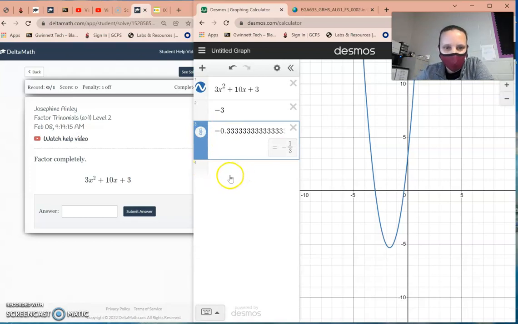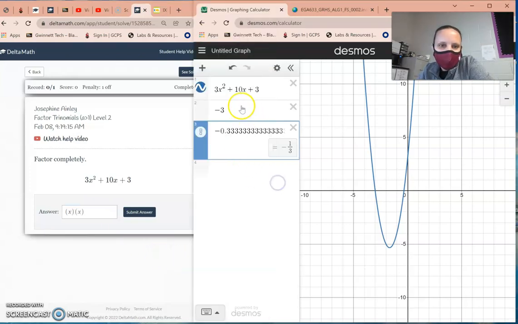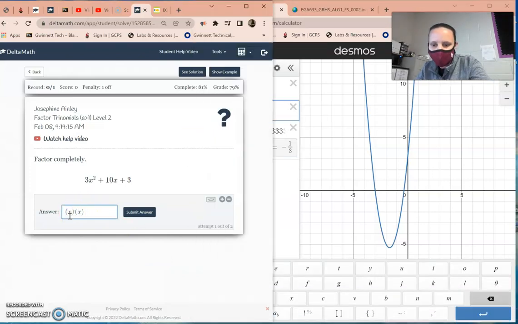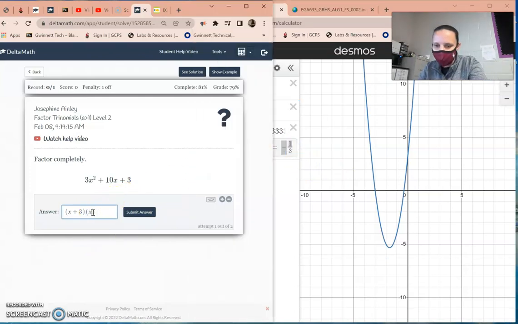To write my answers, remember we talked about having two parentheses, each with an x, and then you put the opposite of your answer in there, right? So if this is -3, this would be what? +3. So this is the additional step you have to remember if you're going from solutions to factoring. This one is -1/3, so this will be +1/3.